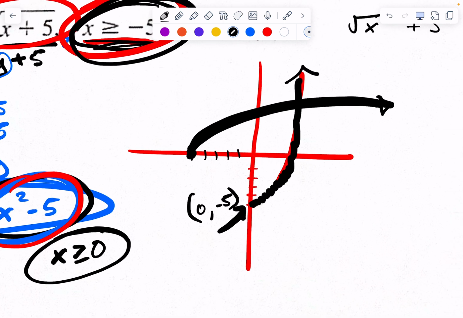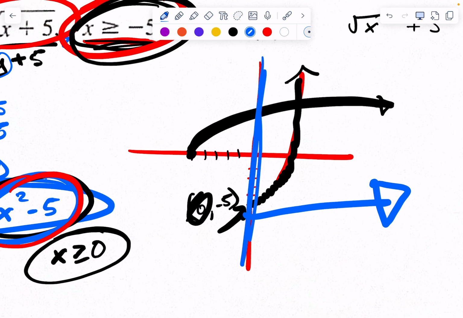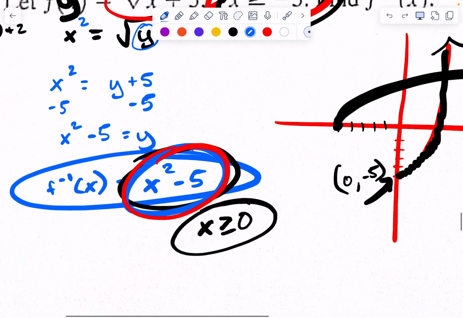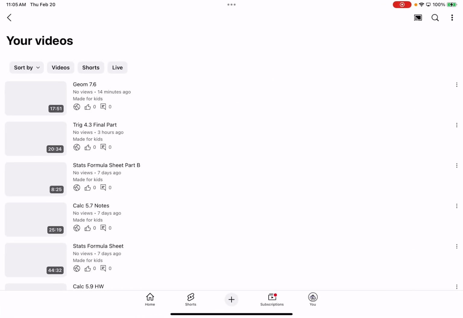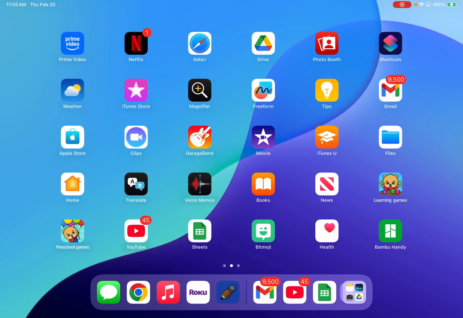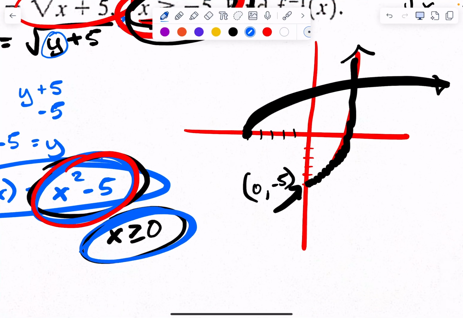I know you said negative 5, but 0, negative 5 is here. The x coordinate is 0, right? So x equals 0 is right here. We're only talking about guys to the right of 0. Got it? This little guy keeps me from doing both of the little loop-de-doos on my parabola. It only gives me the one loop-de-doo.